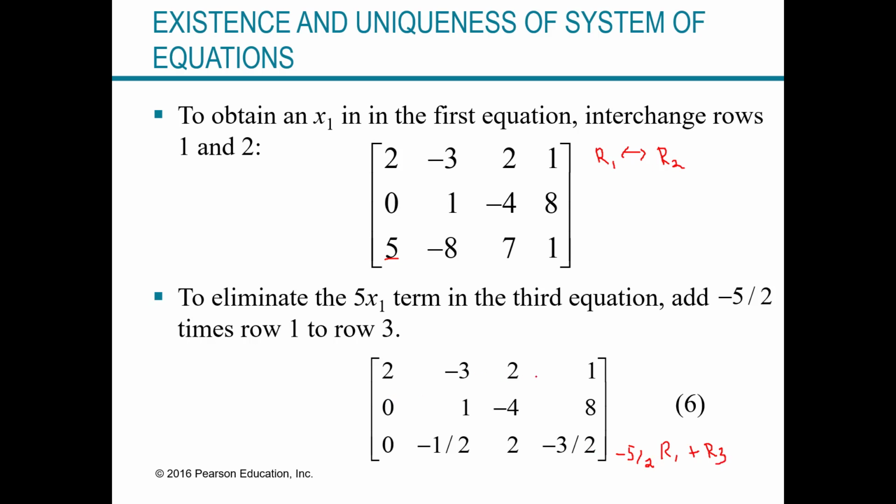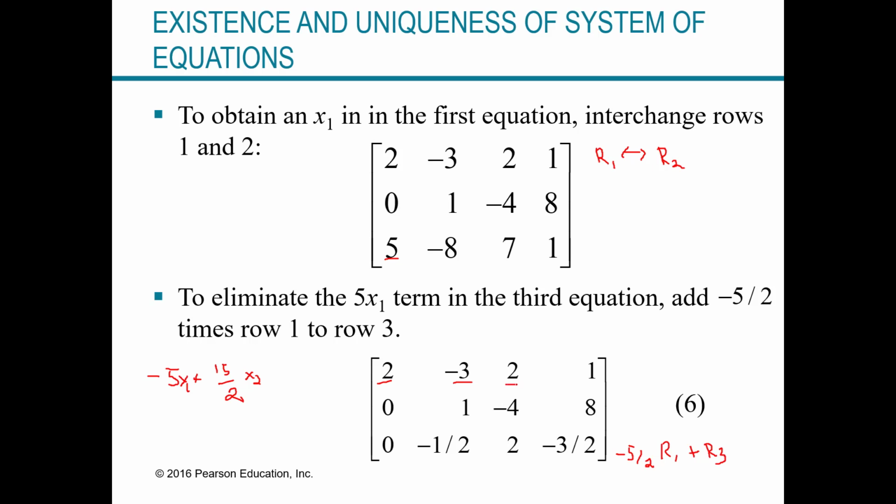Let me walk you through that really quick. Negative 5 halves times 2 would be negative 5. Negative 5 halves times negative 3 would be 15 halves. These have x's on them, so this is x1, this is x2, sorry for my squiggly writing.